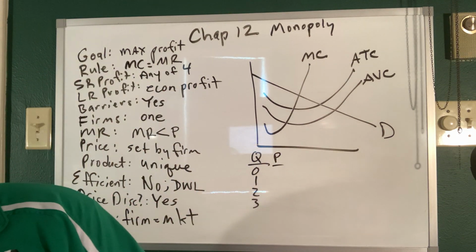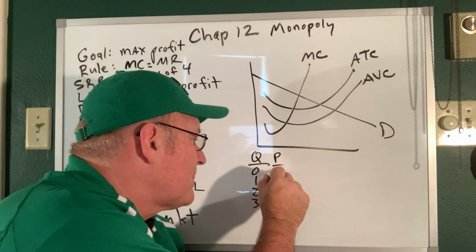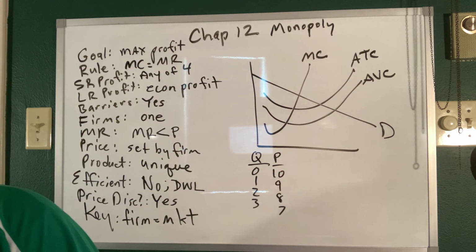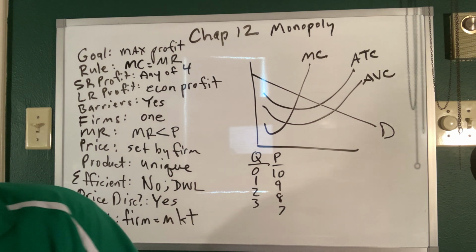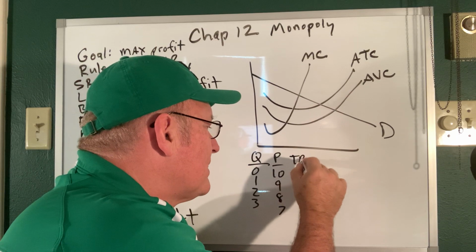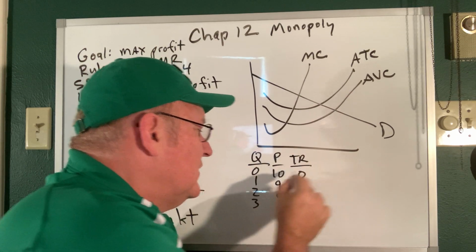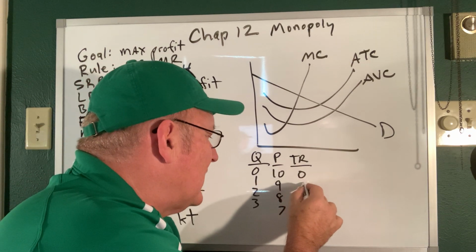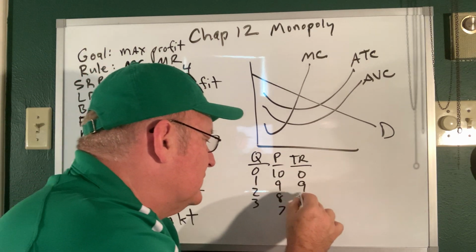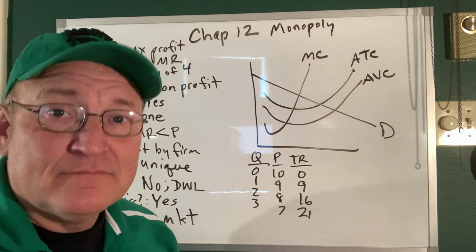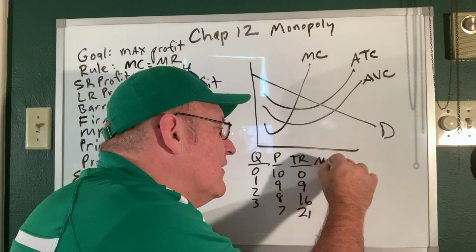So the price starts at 10, then we'll go 9, 8, 7. So if I calculate my total revenue, it's just 10 times 0 is 0, 9 times 1 is 9, 8 times 2 is 16, 21. You with me?